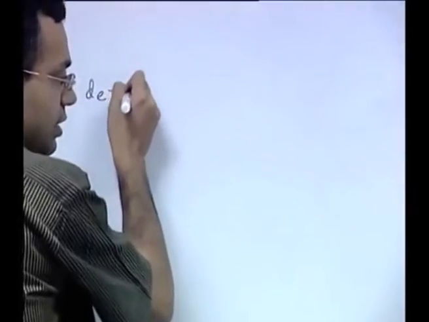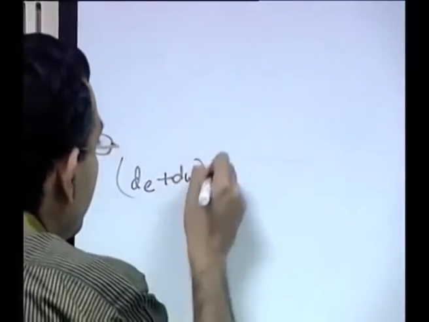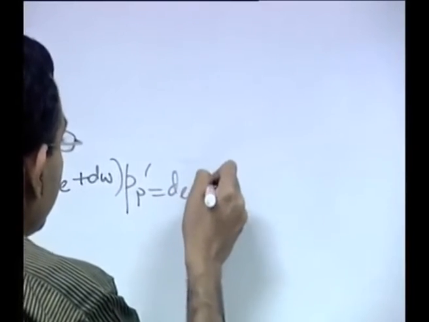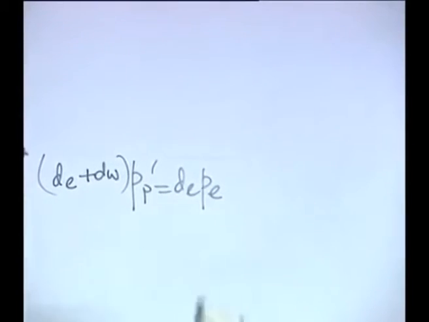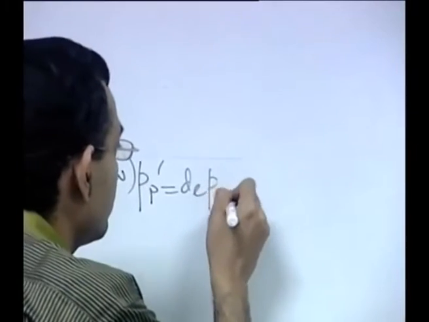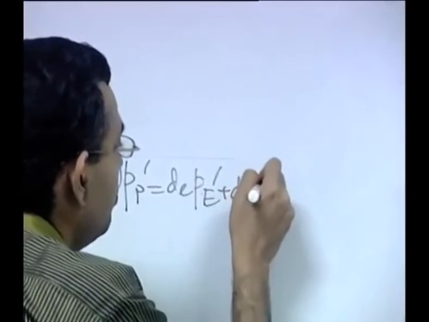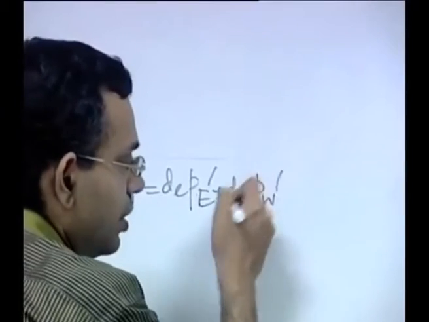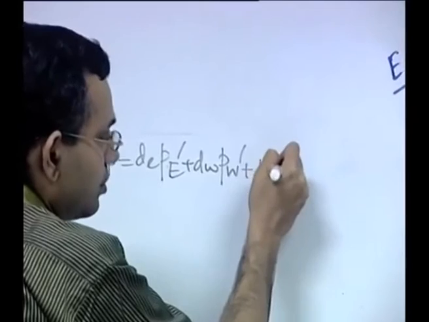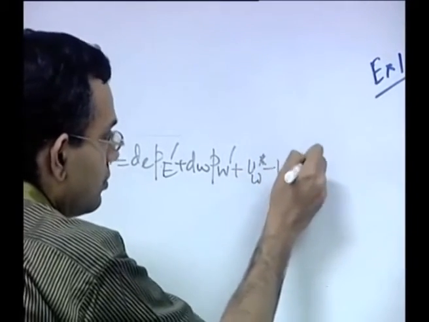So, you have dE plus dW times Pp prime is equal to dE PE prime plus dW PW prime plus uw star minus ue star.